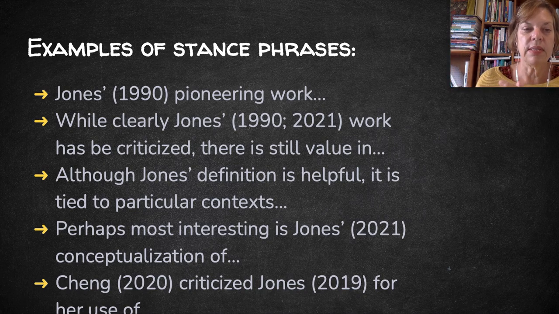So you're positioning yourself in there. Although Jones's definition is helpful, it's tied to particular contexts. So Jones's definition can be helpful, but not in this instance. Most interestingly is Jones's conceptualization of. Cheng criticized Jones for her use of. So you can even position the source texts against each other. And by doing that, you insert yourself in the text.